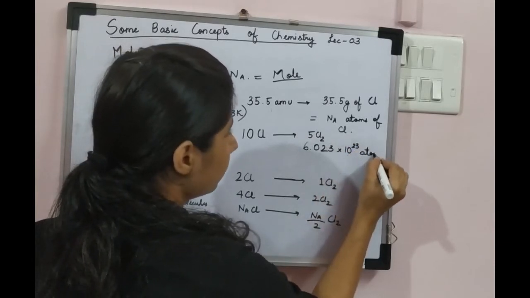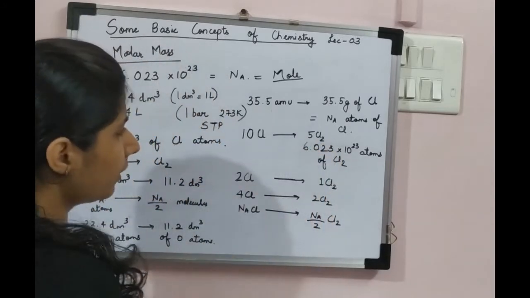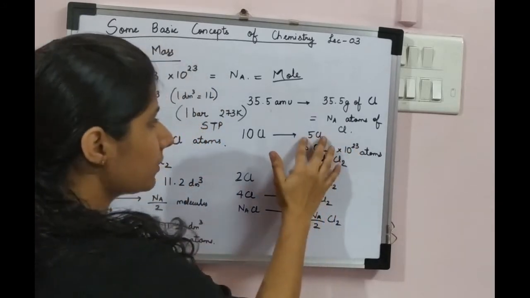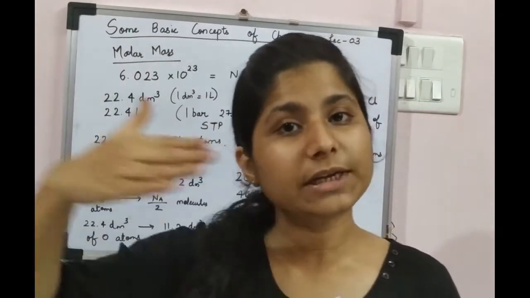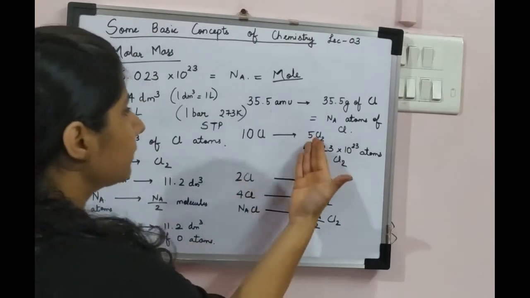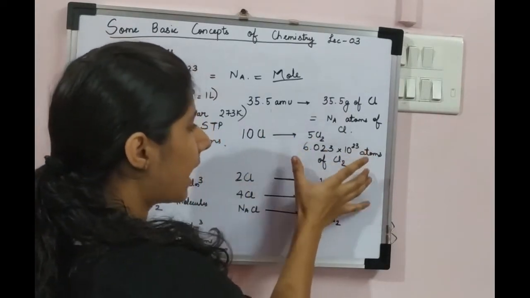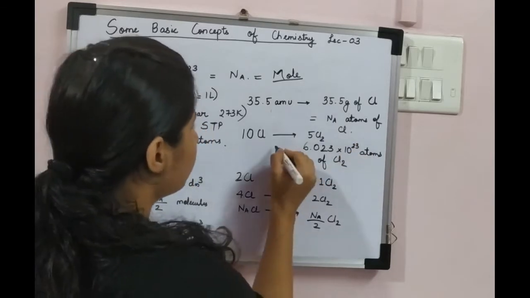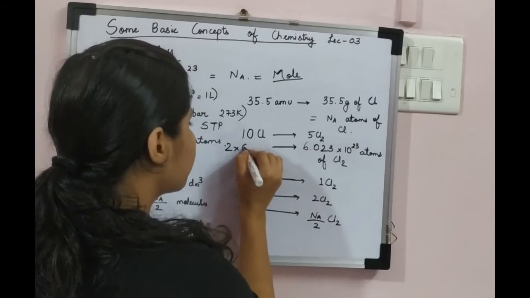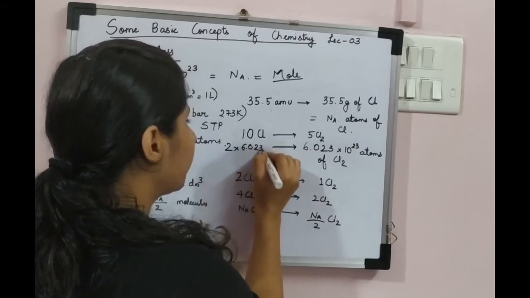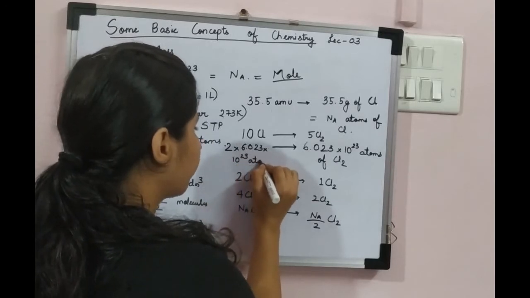Now what is happening with chlorine molecules? If I have 5 chlorine molecules, I'll have to take 10 atoms of chlorine. So with atoms, it is actually multiplying up. If I want this many chlorine molecules, they will be made from 2 times 6.023 into 10 to the power 23 atoms, am I right?